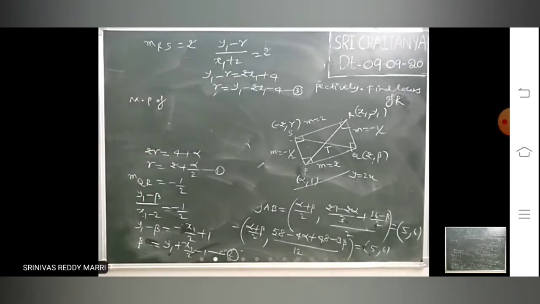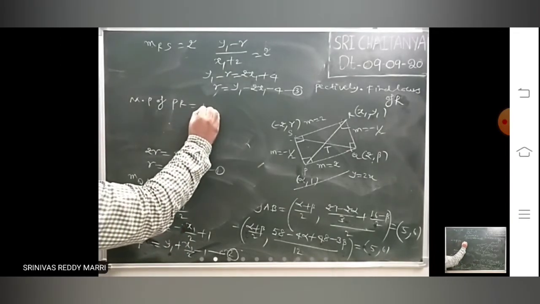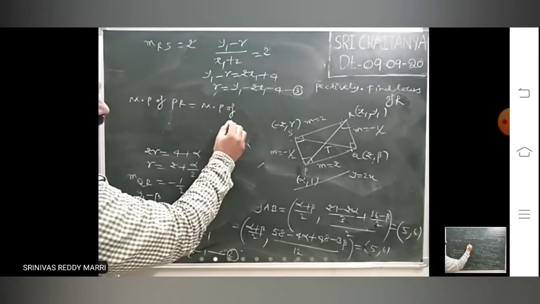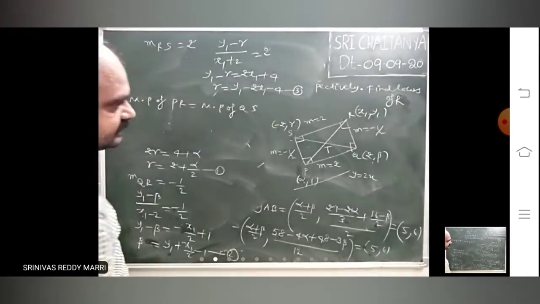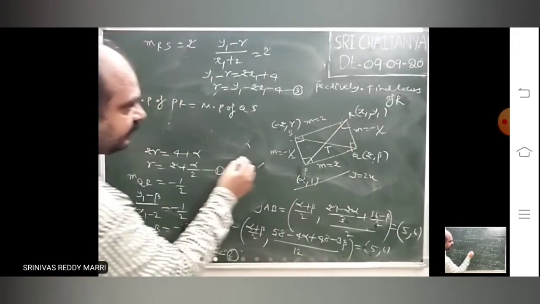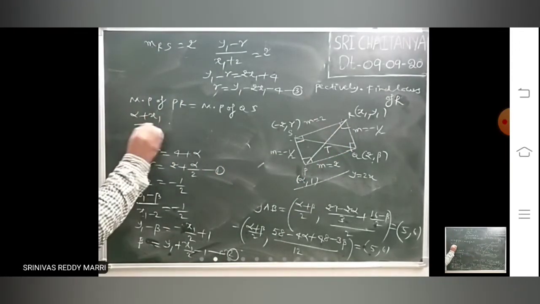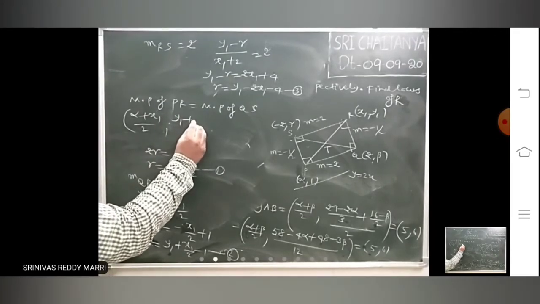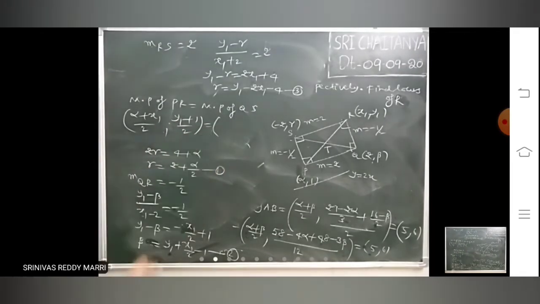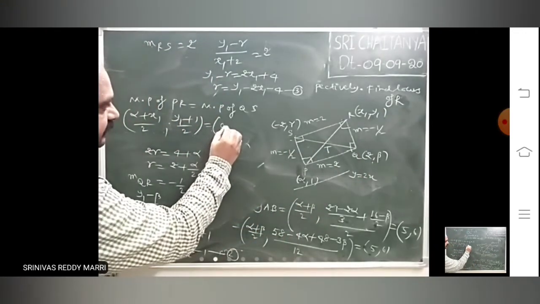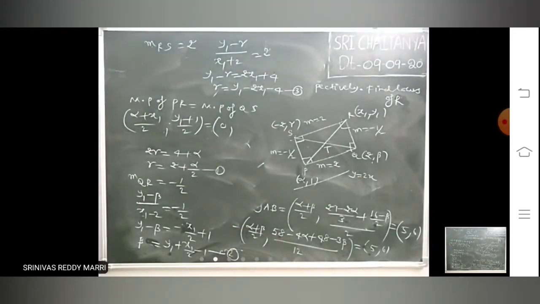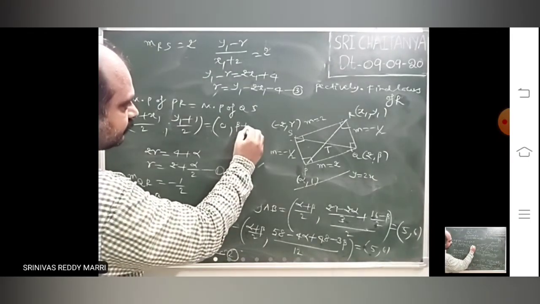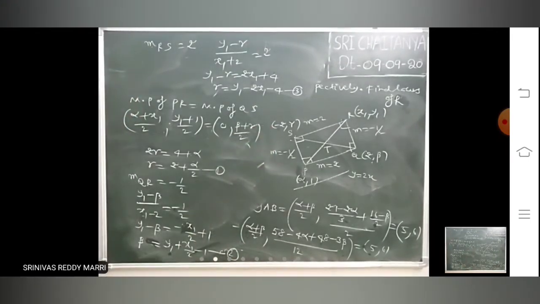Midpoint of PR is alpha plus x1 by 2, y1 plus 1 by 2, equal to midpoint of QS, which is 0 comma beta plus gamma by 2.